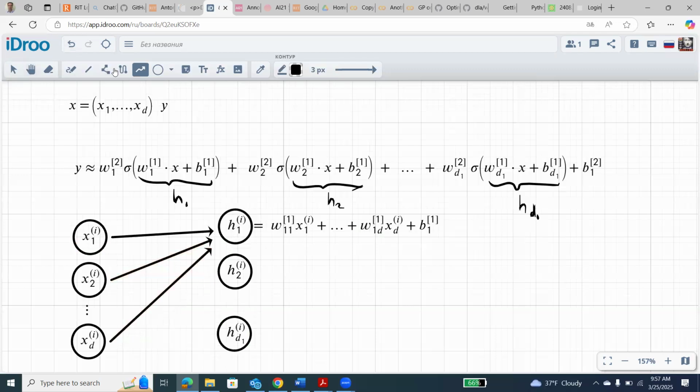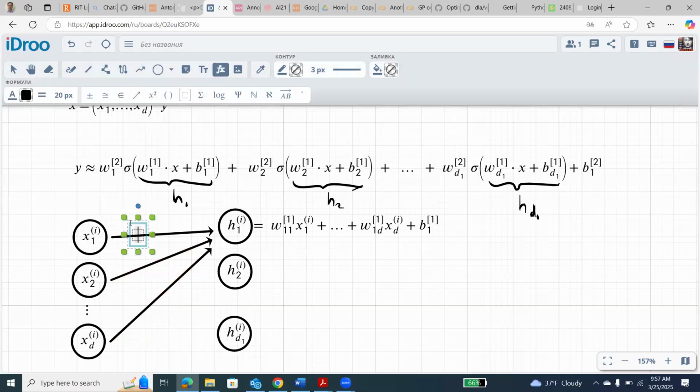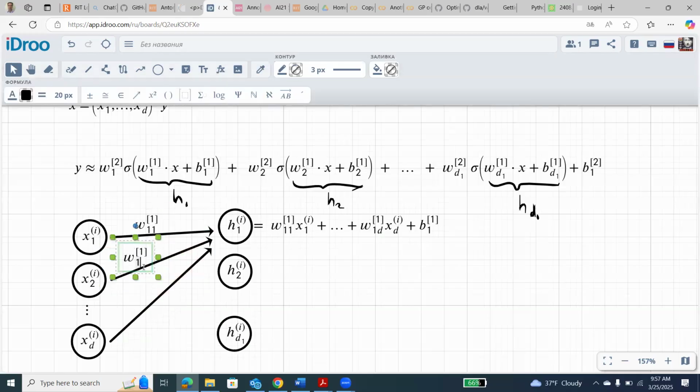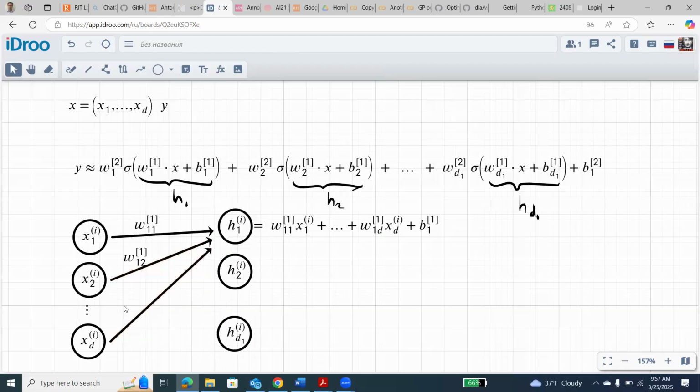And x1 we multiply by the number w11. So basically, x2 we multiply by w12, and the last feature we multiply by w1d.